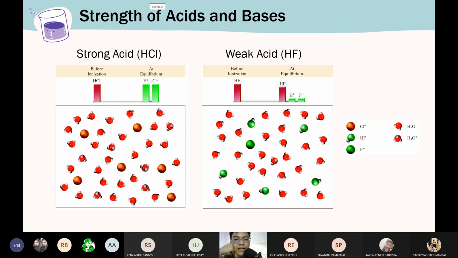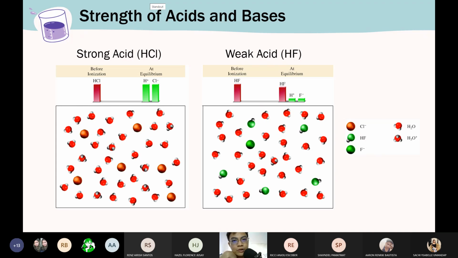But remember, in weak acids, there exists an equilibrium system wherein there is still some reactant and some amounts of the products. Always remember that. When it is a strong acid, it is fully dissociated. But for a weak acid, they are in equilibrium, meaning they are governed by equilibrium constants.